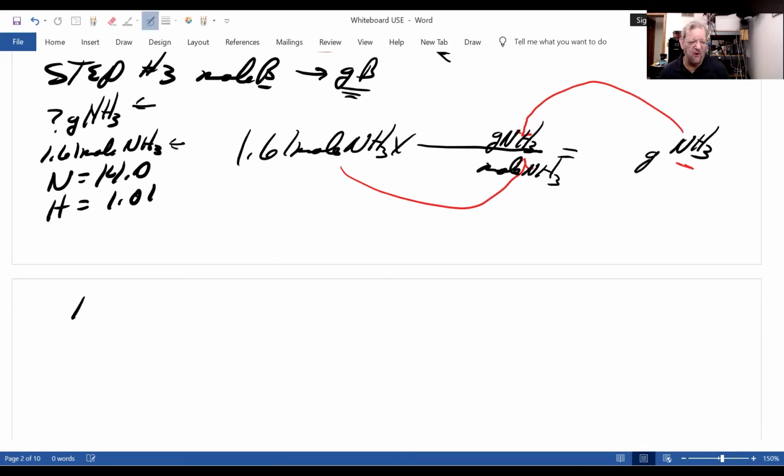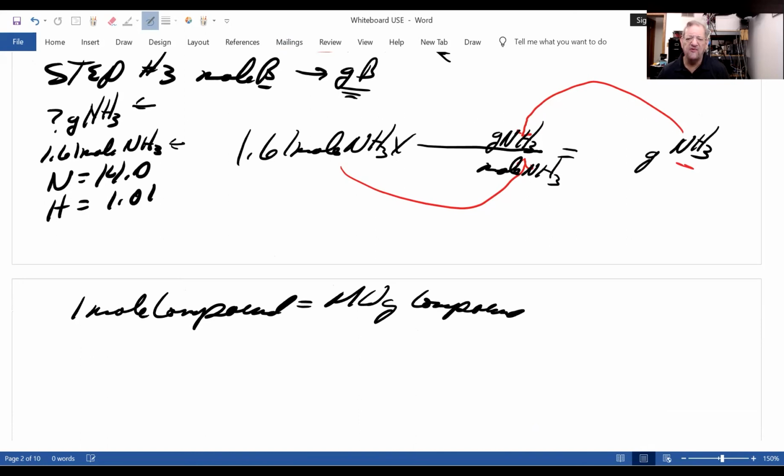It tells you 1 mole of a compound equals its molecular weight in grams of the compound. So if I have 1 here, what do I need to put in there? The molecular weight of ammonia. And how do I do that?